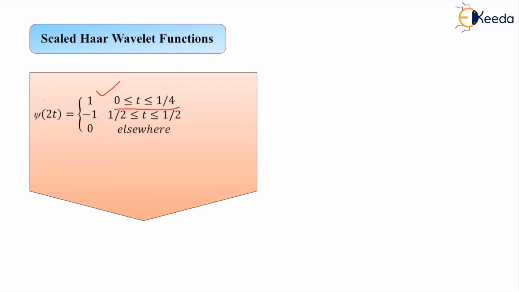When we make psi of 2t, you see the reduction in the time interval for the positive amplitude 1 by the factor 2. So in short, it is halved. Next, for the time span 1 by 4 to 1 by 2, we have it equal to minus 1, and 0 elsewhere. So this is the first time scaled version of the Haar Wavelet function.